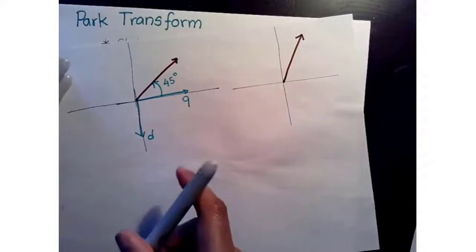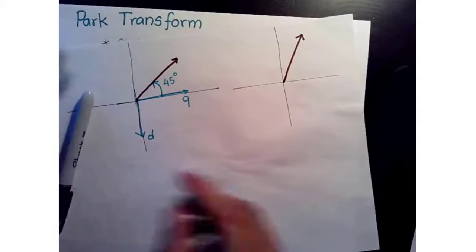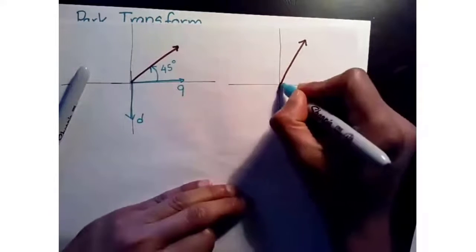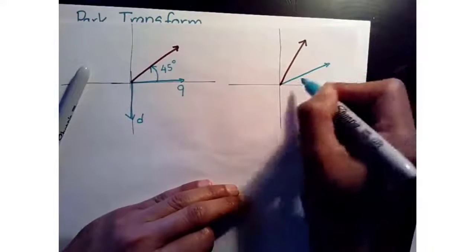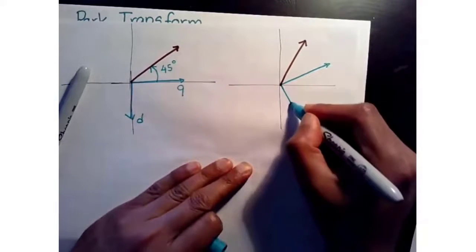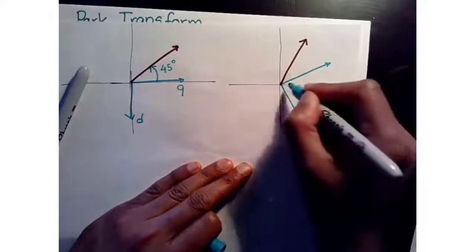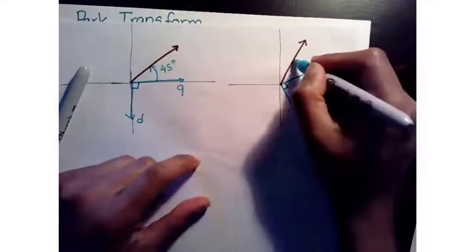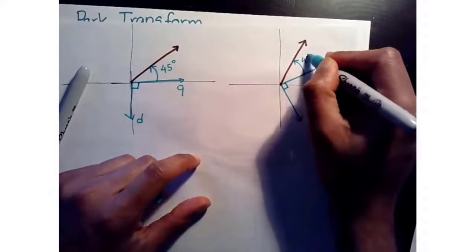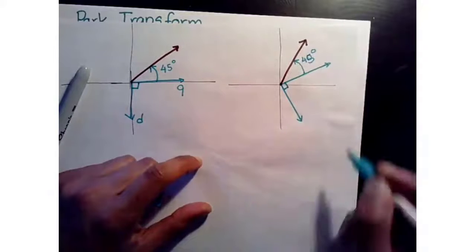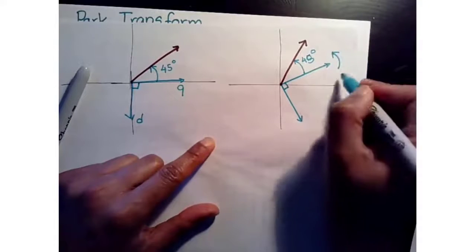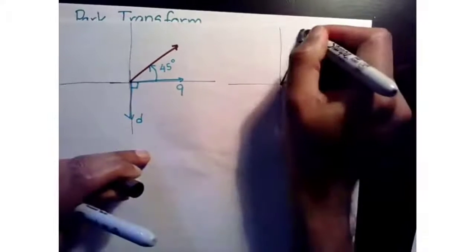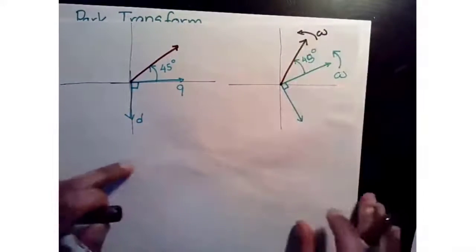What happened to our reference frame? The reference frame would have moved along with it, because it's connected to the vector. It's moving at the same frequency. So let's make that assumption. These are 90 degrees out of phase still. It's still maintaining this 45 degree angle because our reference frame is going at the same frequency as our vector frequency.